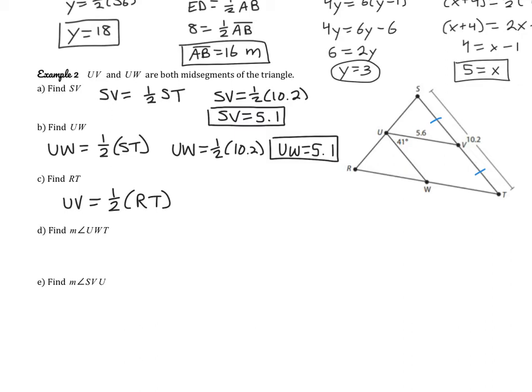So substitute what we know. We know that UV is 5.6 equals 1/2 of RT. So if we multiply both sides by 2, we get that RT is equal to 11.2.